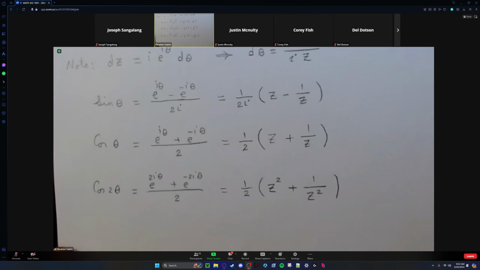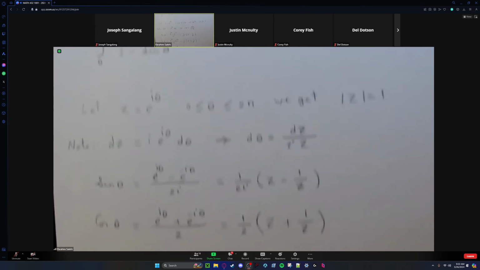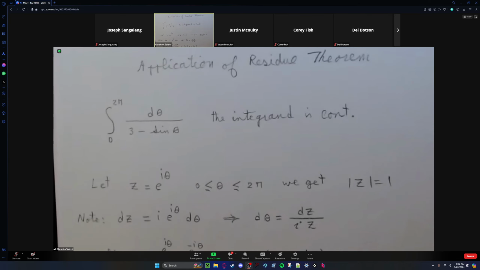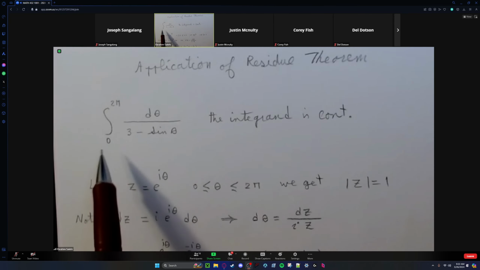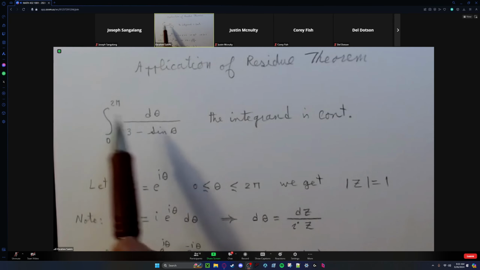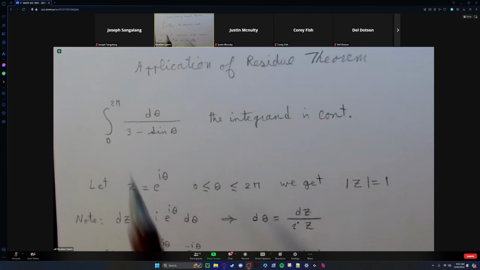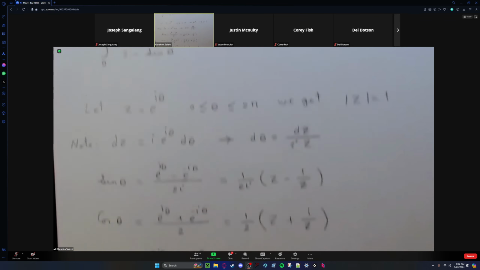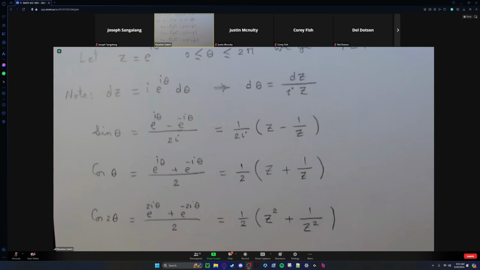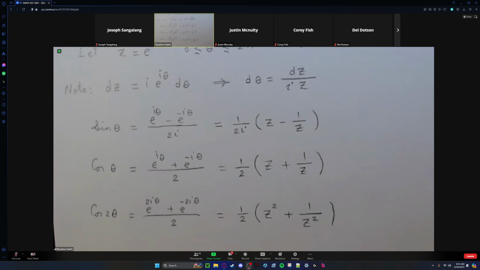So, going back to this problem, instead of working just in terms of theta, I am going to write it down to make sure that you see what's going on.